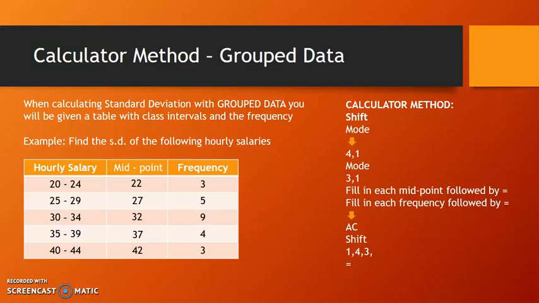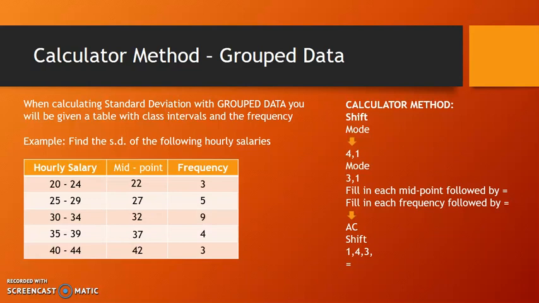Then scroll to the right and scroll up so that you're in line with 22, and you enter 3 for 22. So 3 equal, 5 equal, 9 equal, 4 equal, and finally 3 equals.